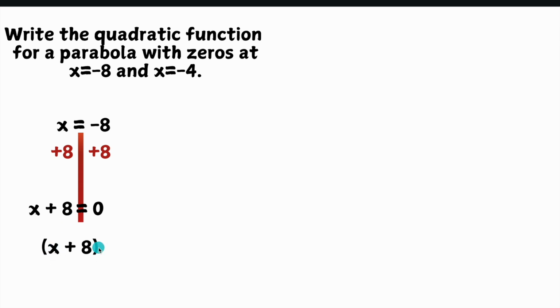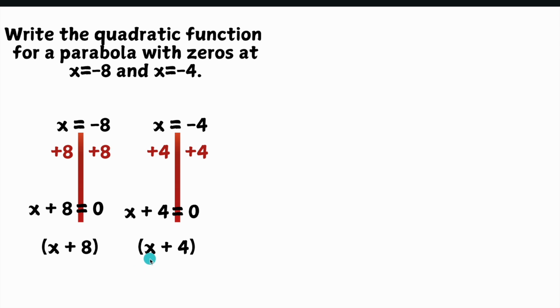This is actually our first factor. Now we're going to do it to our second zero, x minus 4. We have to make it equal to 0, which means that I need to add 4 on both sides. X plus 4 is x plus 4, and -4 plus 4 is 0. So my second factor is x plus 4.